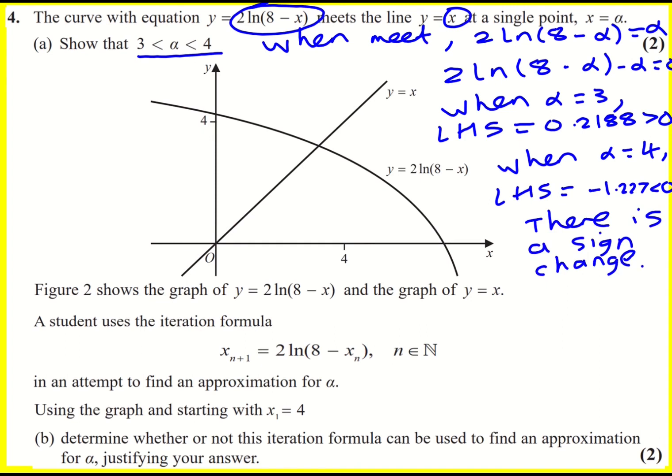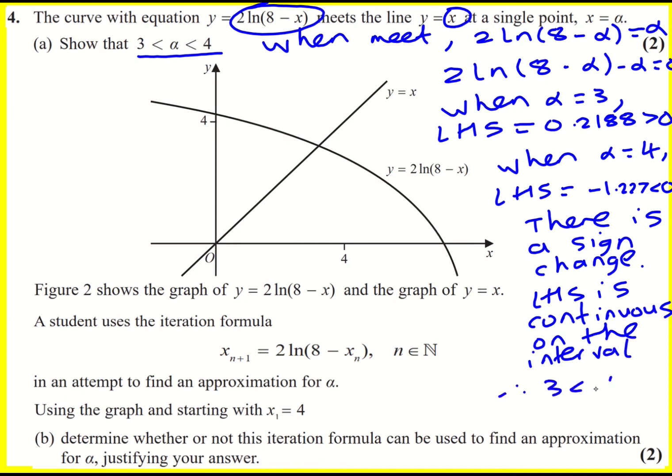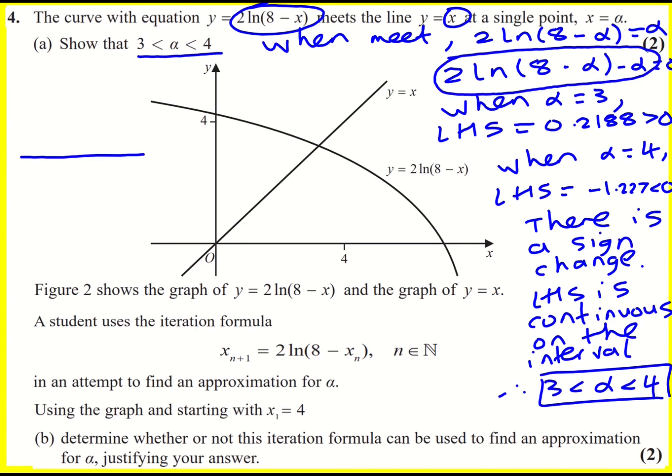We should say that the left-hand side is continuous over the interval. It's not like it jumps from being below the graph to above the graph. And therefore, 3 is less than alpha, which is less than 4. I'm treating this as a single function now.